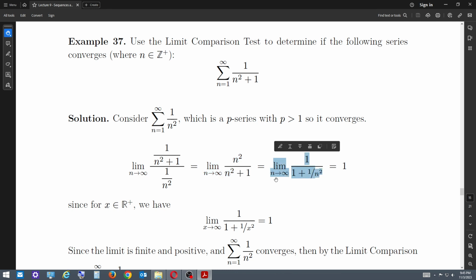Then say, okay, if I take this limit and instead of n being positive integers, I had x being positive real numbers, and I replace n with x, then this limit I know is going to be 1. And therefore this limit must also be 1. So this is true since this limit is 1.